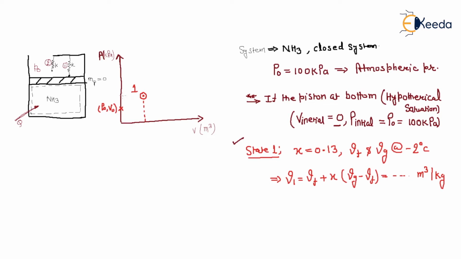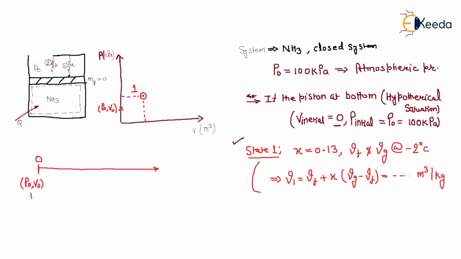When this is at equilibrium and heat is supplied, first there is a point one. If you consider the state points, there is an initial point 0, that means at pressure P naught and volume V naught.